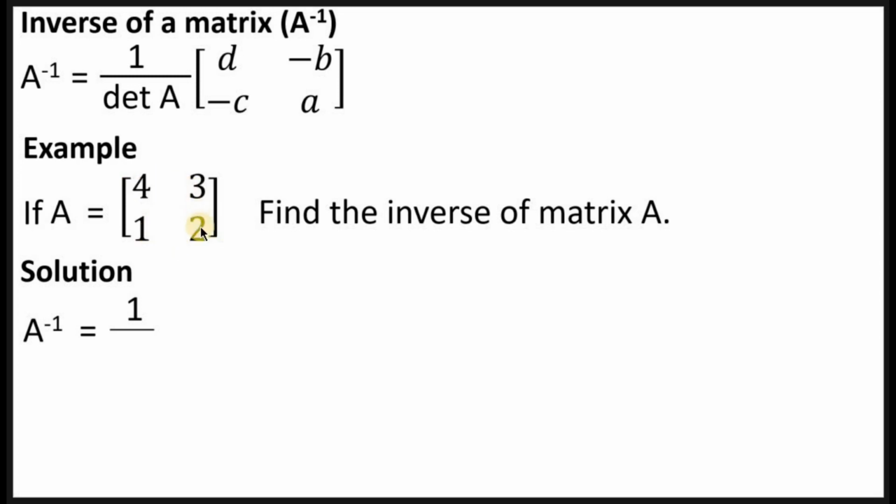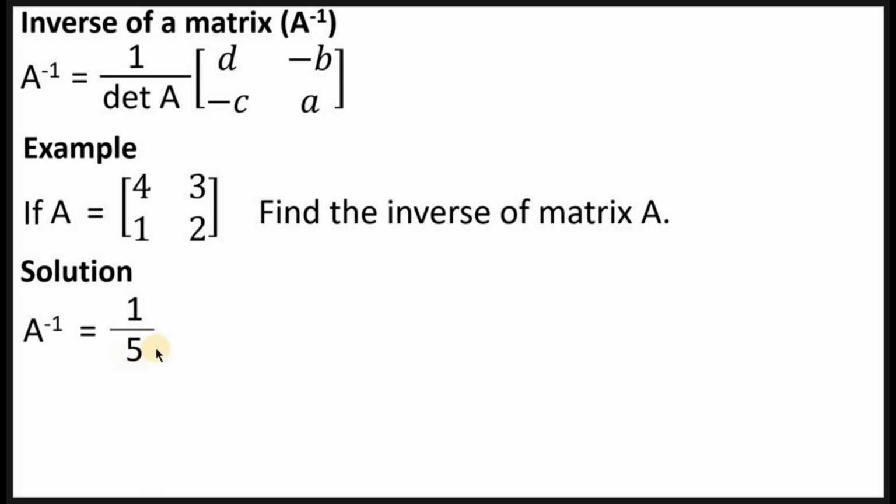So 4 times 2 is 8, minus 1 times 3, which is 3. So 8 minus 3 produces 5. Determinant of A is 5.